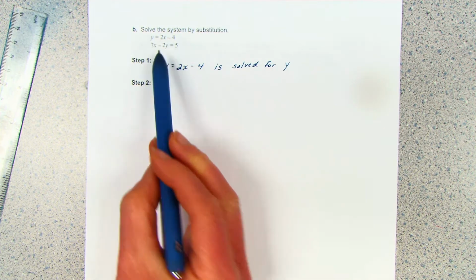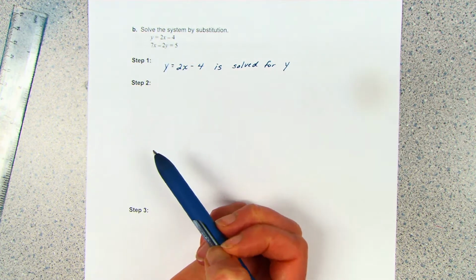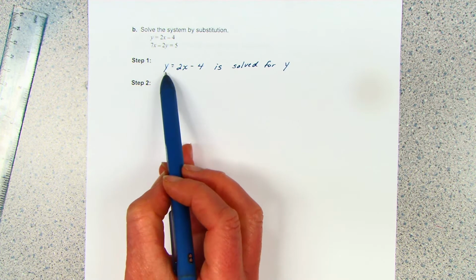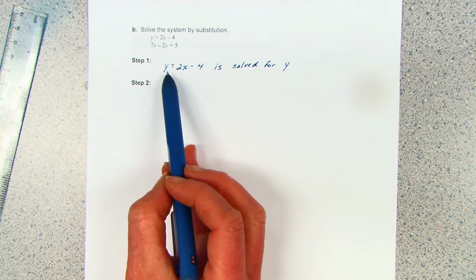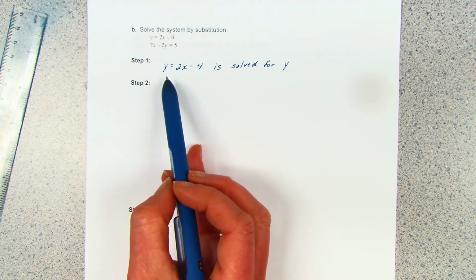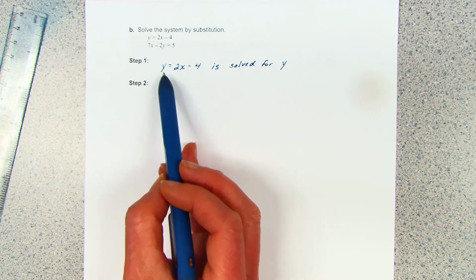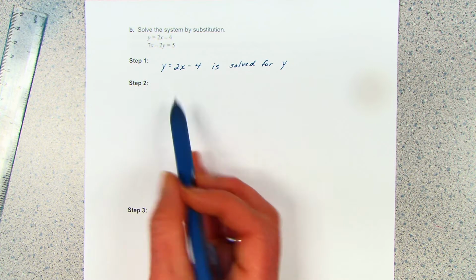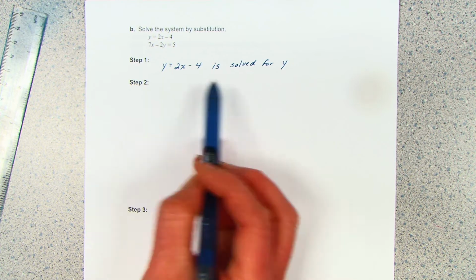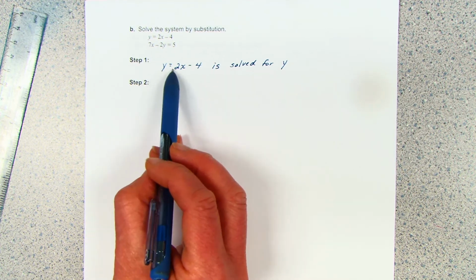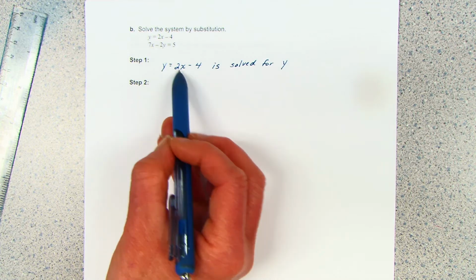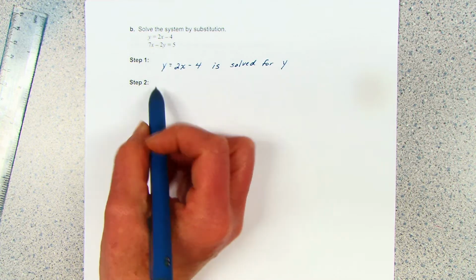Look at the two equations and just pick the one that is easiest to work with. Sometimes one will already be solved for either x or y. Sometimes it's very easy to solve it. Since y is equal to this, I'm going to substitute that into the other equation.